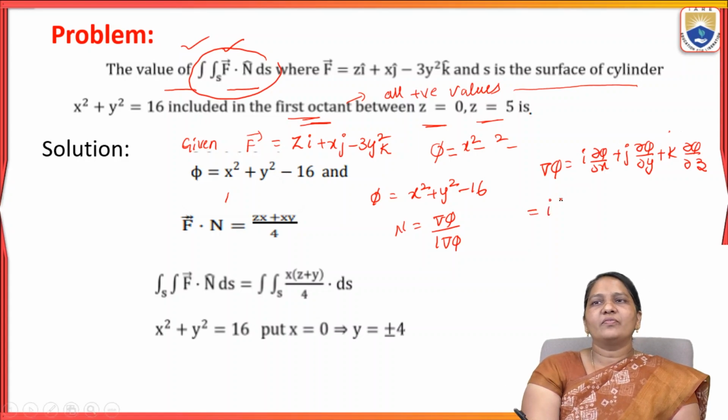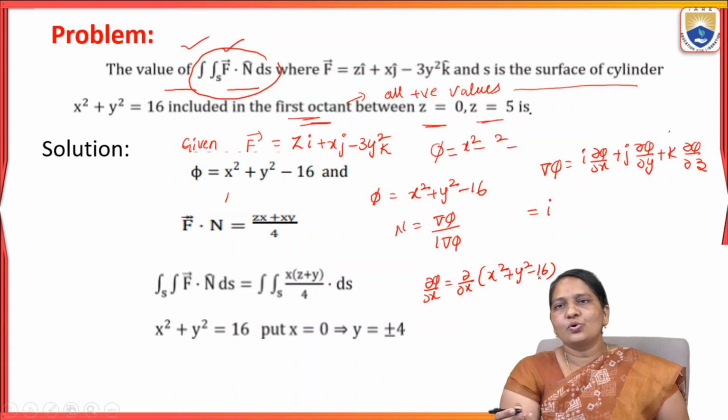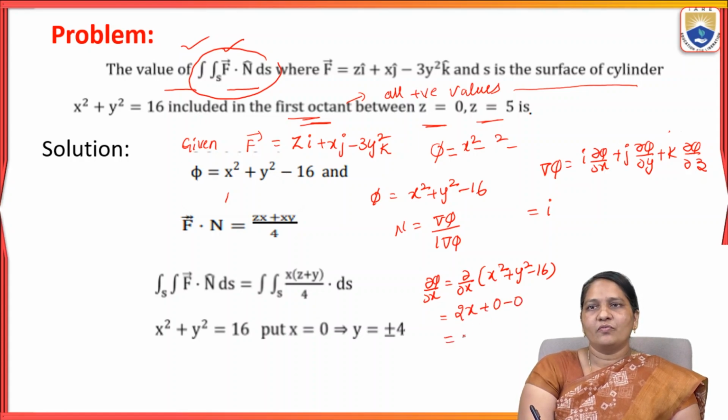Now I am going to calculate the i term, so I should know the first one, ∂phi/∂x. What is ∂phi/∂x? Doing ∂/∂x of phi, which is x square plus y square minus 16, with respect to x this is 2x plus 0 minus 0. Finally this value is 2x, so ∂phi/∂x is 2x.